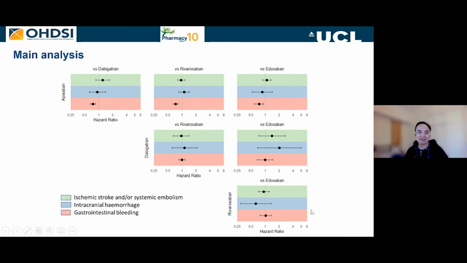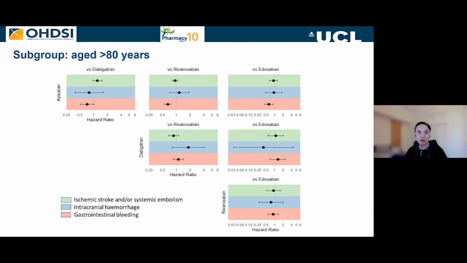So in terms of the efficacy side, for ischemic stroke and systemic embolism, we don't find a huge difference. Neither do we see one for intracranial hemorrhage, but we see the gastrointestinal bleed is significantly different. Apixaban seems to be superior to other drugs. When we look at the age group about 80, we saw similar things.